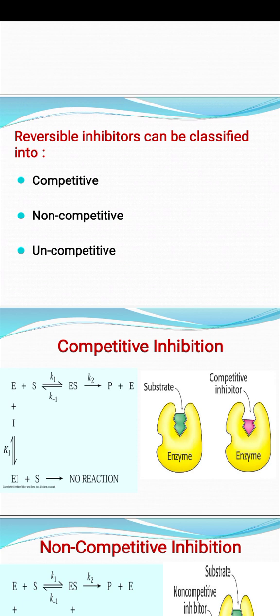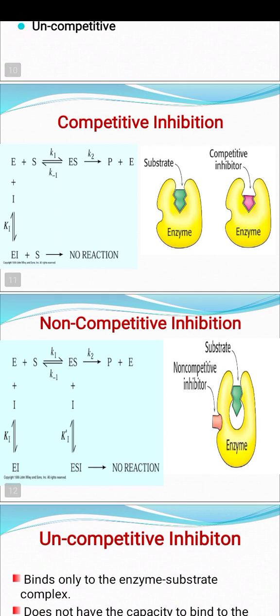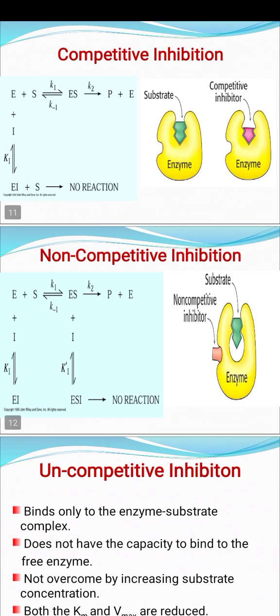In non-competitive inhibition, the inhibitor can combine with either the free enzyme or the ES complex, interfering with the action of both. The non-competitive inhibitor binds to a site on the enzyme other than the active site, often deforming the enzyme so that it does not form the enzyme-substrate complex at its normal rate, and once it forms the enzyme-substrate complex it does not decompose at the normal rate to yield the product.